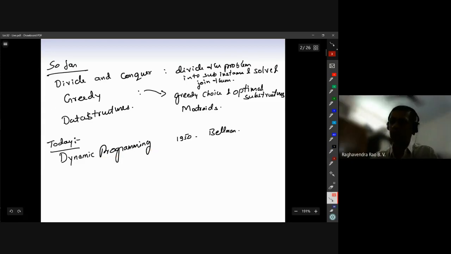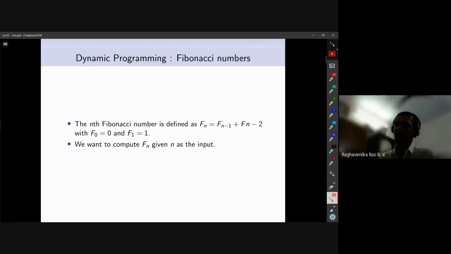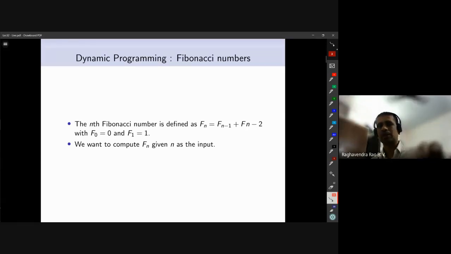Military officers didn't really like mathematical terms, so he used the idea and called it dynamic programming, and even to date the same terminology is being used, just to avoid scrutiny from military officers who didn't like mathematics. I'll start with a very simple example to demonstrate the idea of dynamic programming. In today's lecture, we'll be seeing a couple more examples that demonstrate dynamic programming.